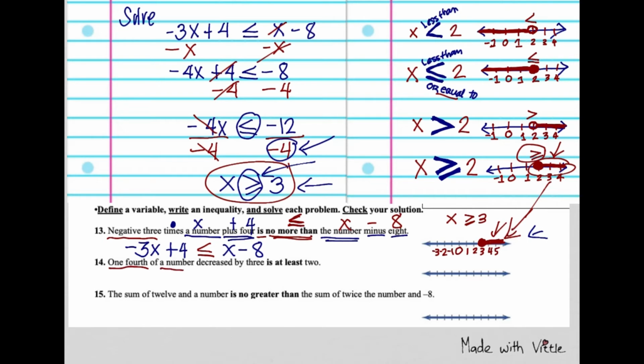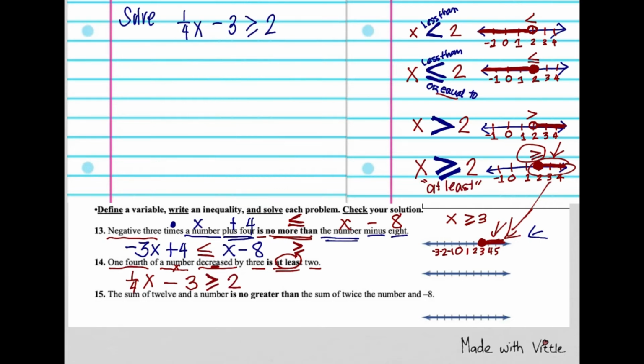1/4 of a number decreased by 3 is at least 2. When you say at least, it's already the smallest, so there's no way you're going to go smaller. That means you're going to go higher. So at least means you have greater than or equal to that number. You have to go higher because that's already the least.